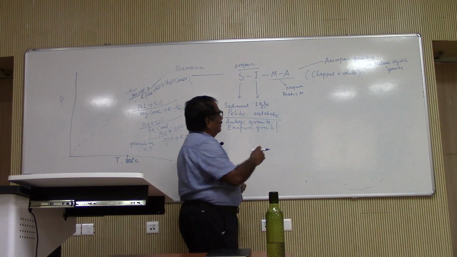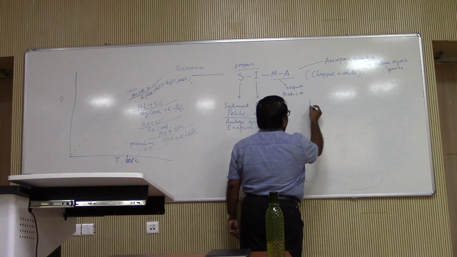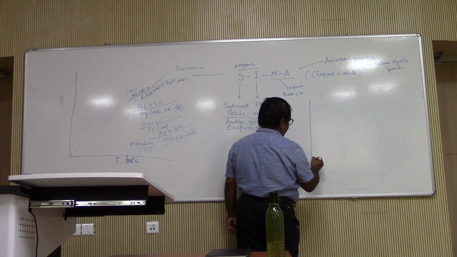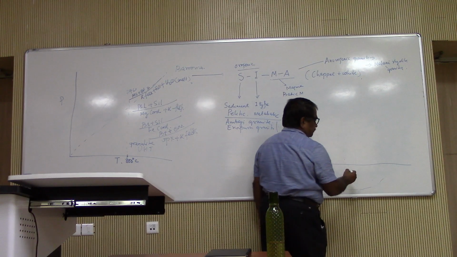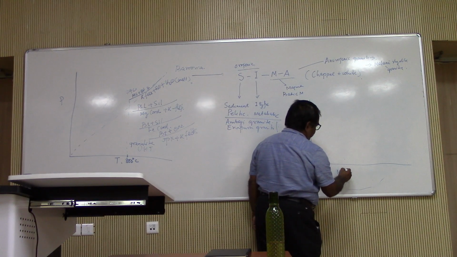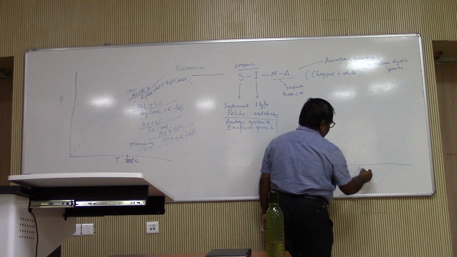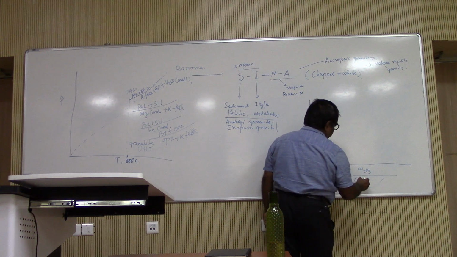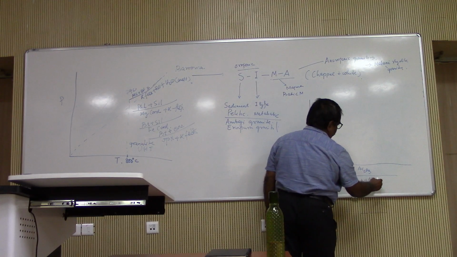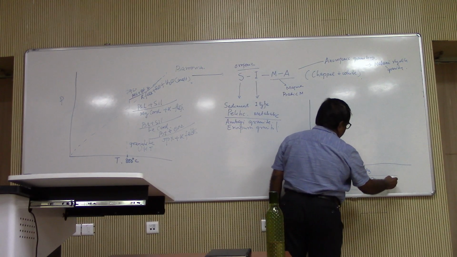Now, I'll come back to this, you just draw this diagram. This side you write mole Al2O3 by CaO plus Na2O plus K2O. आप लिखो.